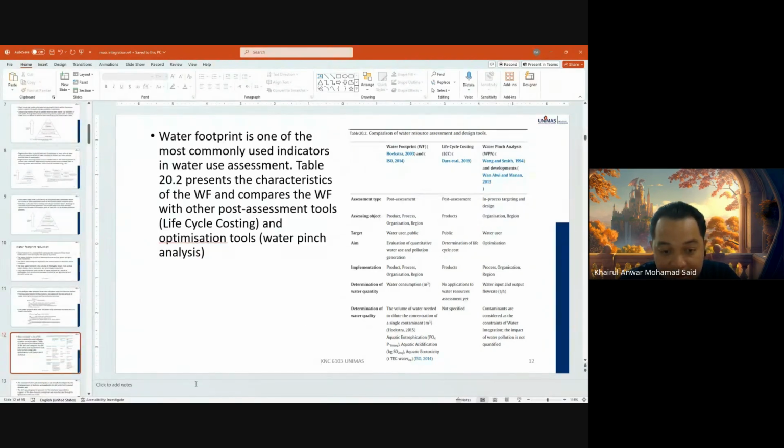Okay, another question. Imagine our factory successfully implements water recycling, cutting our fresh water intake from 100 tons per hour to 90 tons per hour.